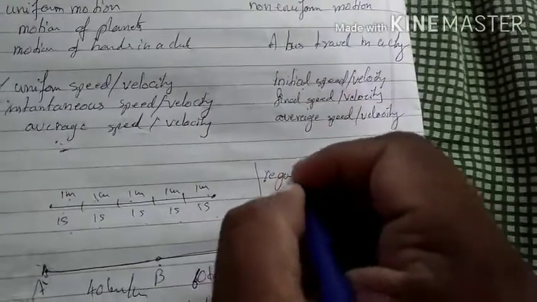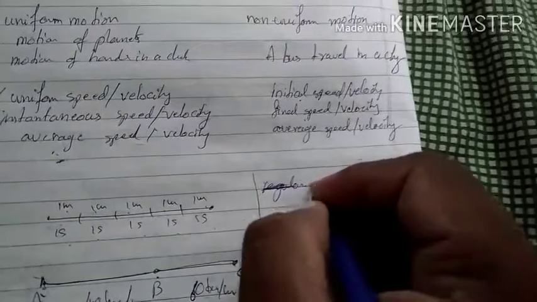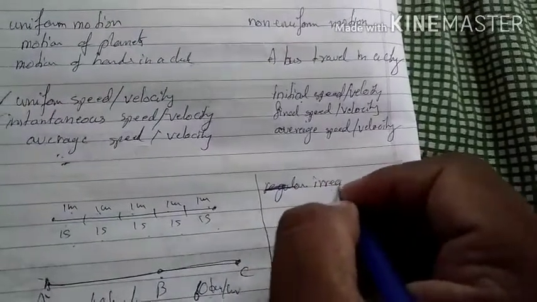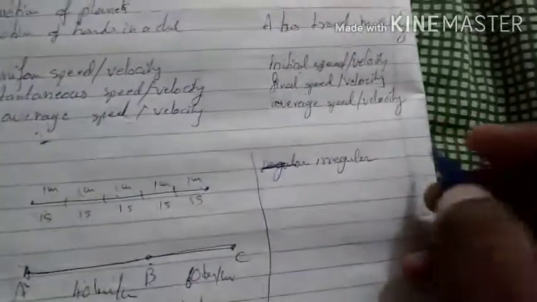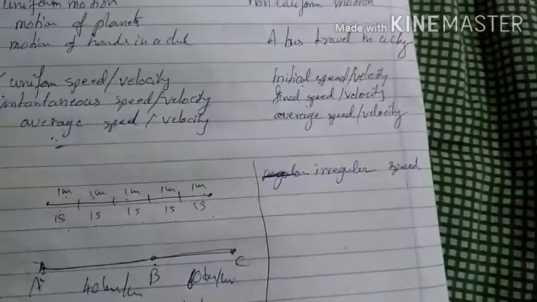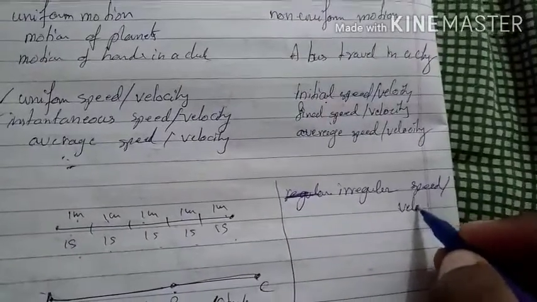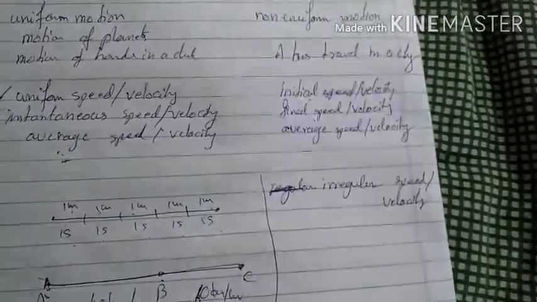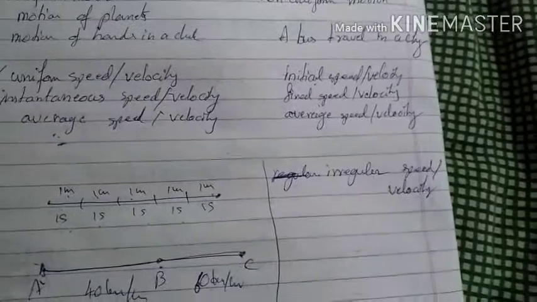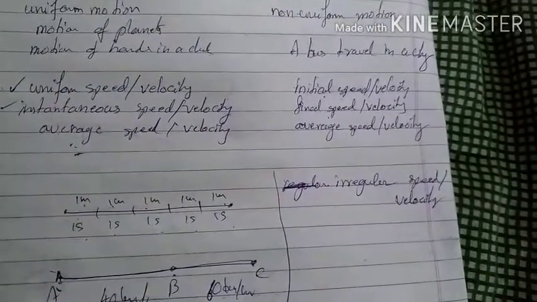Regular and irregular speed or velocity. When an object has an irregular speed or velocity, it never maintains a constant speed.